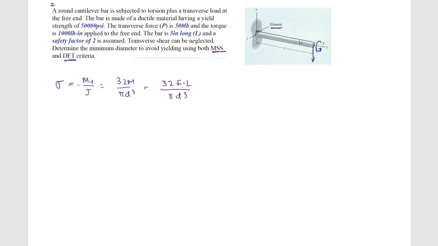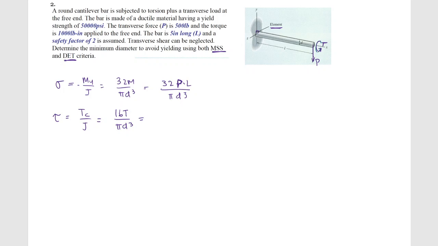Sorry, this was a P. I'm going to call it P times L, and then tau is the Tc over J. Again, we've done this 1,000 times for rods, so this ends up being 16T over pi d cubed. And in this case, it's just that because T was given.